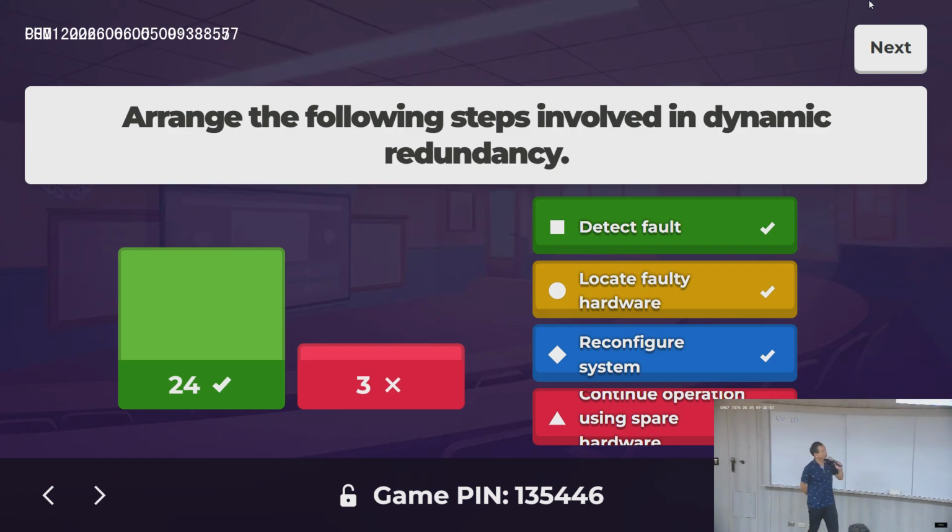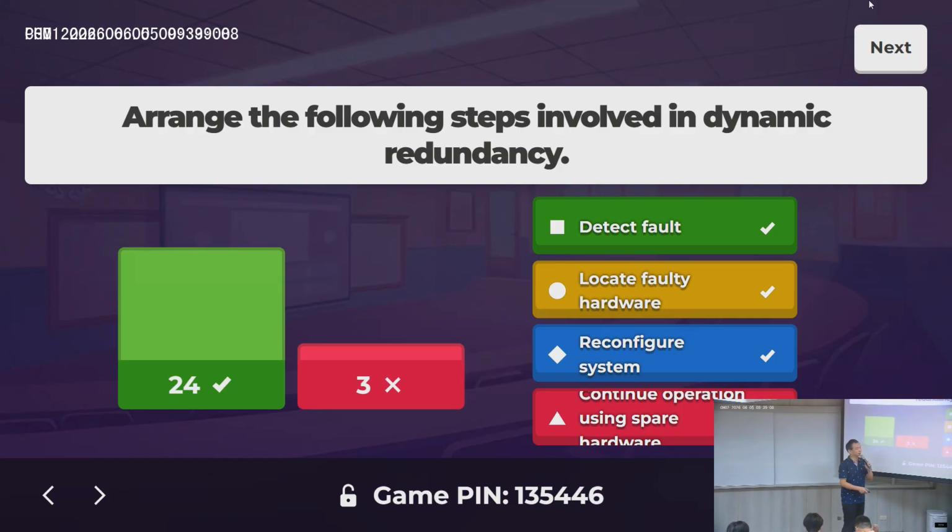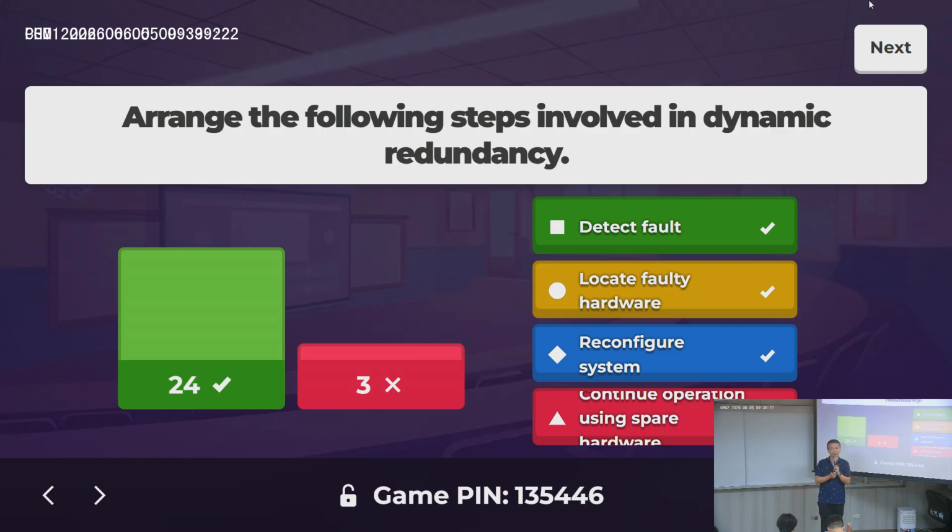Okay, yeah, very great. Most of the teams, after your discussion, found the correct answer. So for dynamic redundancy, a logical flow should be like this. First of all, we need to detect the fault. We need to know if we have errors in our systems, and then try to locate where the errors come from. So locate the faulty hardware, then reconfigure the system, and finally continue operation using the spare ones.